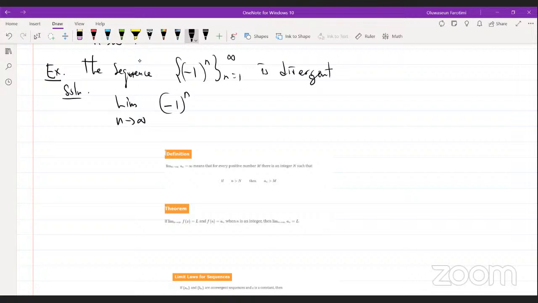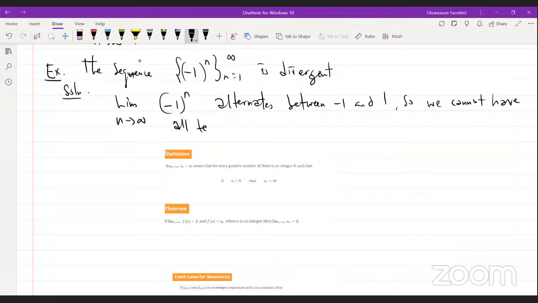Okay, the limit of this guy alternates between -1 and 1. So we cannot have all the terms becoming arbitrarily close to a single value.